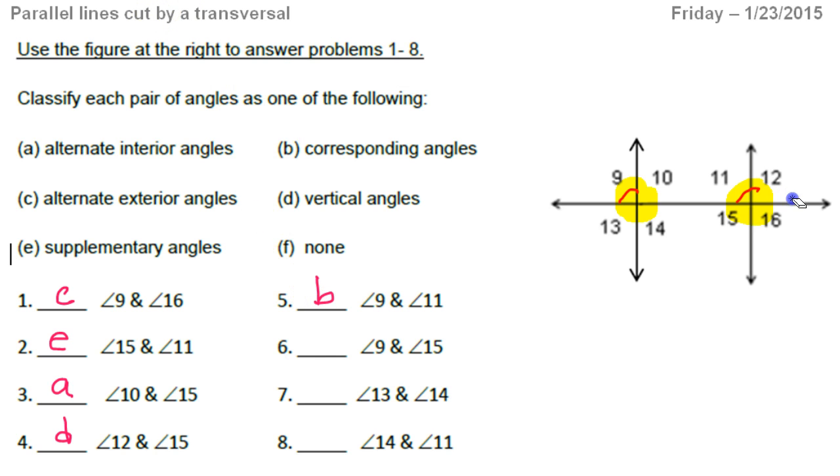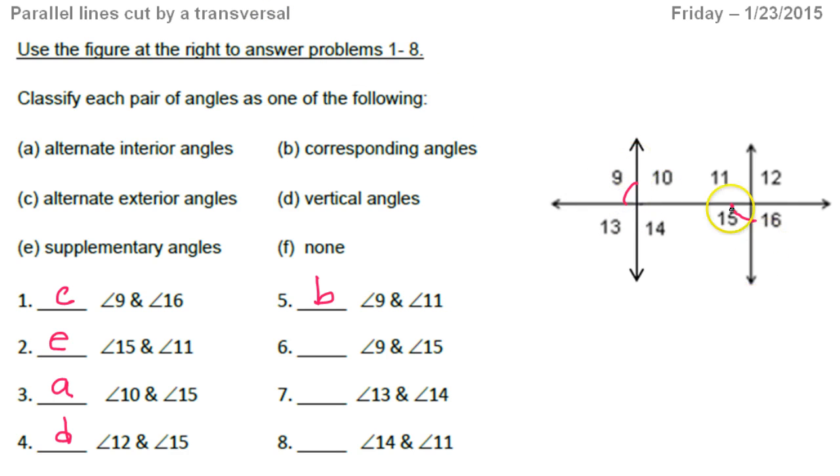Alright, how about number 6, 9 and 15. So let's see, here's 9 and here is 15. That is nothing. They're not corresponding angles, because the corresponding angle to 15 would be right here.